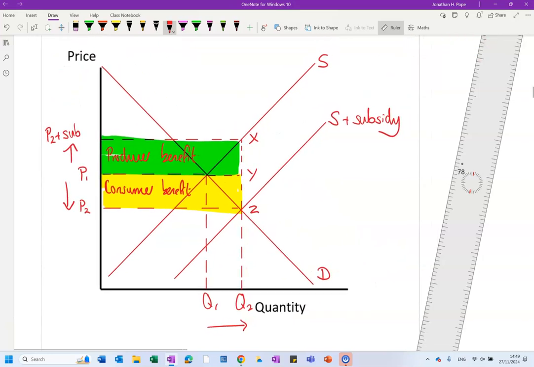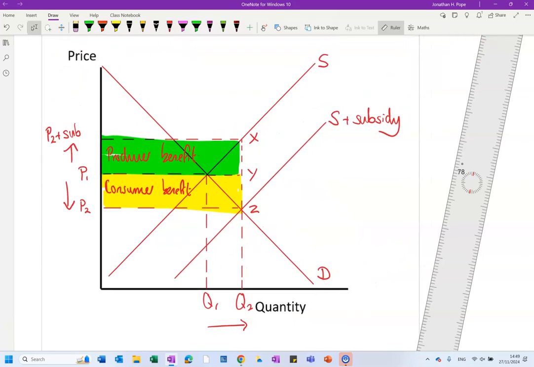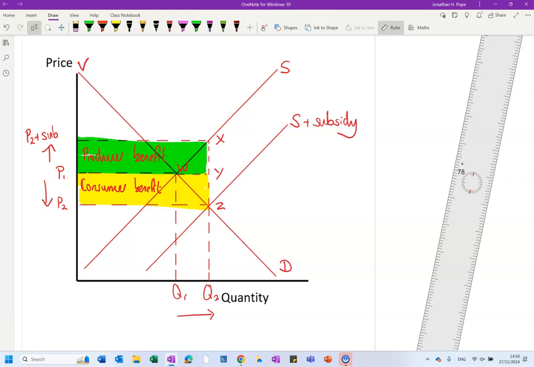So that's quite useful. Now if we wanted to add a little bit more on, we could add a V here, and a W here. And we could say something about consumer surplus. So consumer surplus, when we started all of this, was VWP1. Now give it some thought.